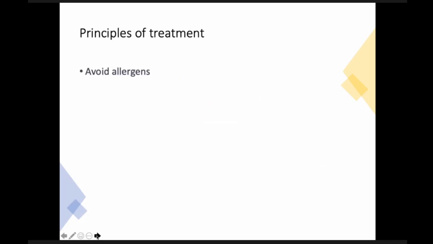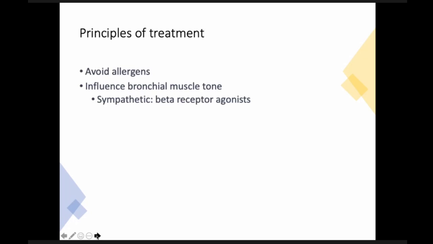Avoid allergens. We have drugs to influence the bronchial muscle tone. You already know that these are the sympathetic drugs, agonists like beta receptor agonists, and anticholinergics that counteract the parasympathetic tone.